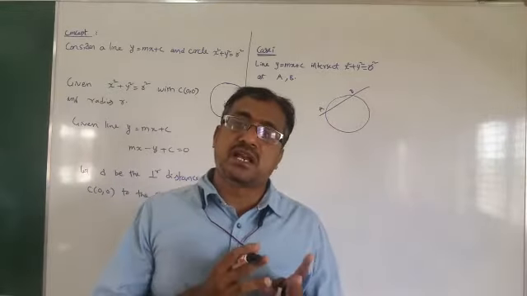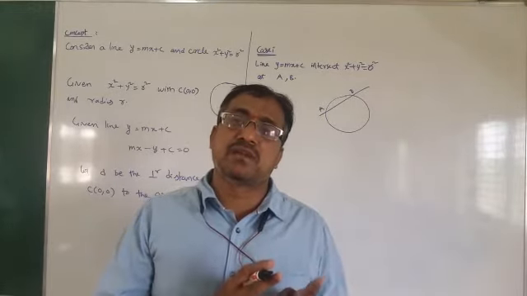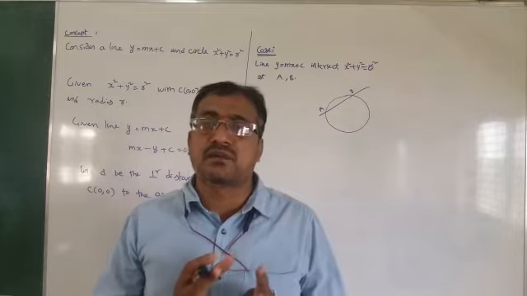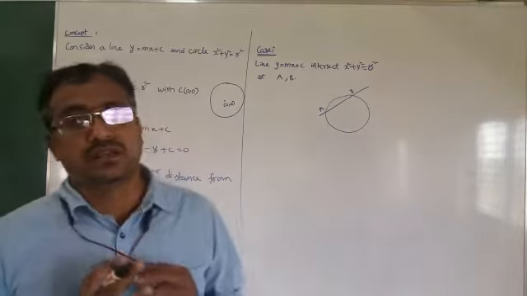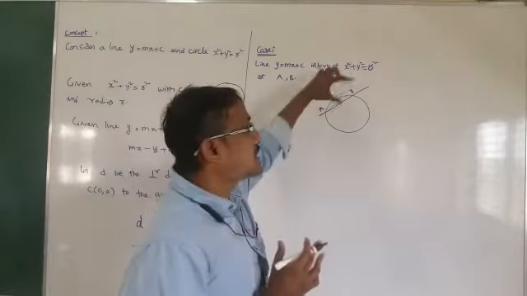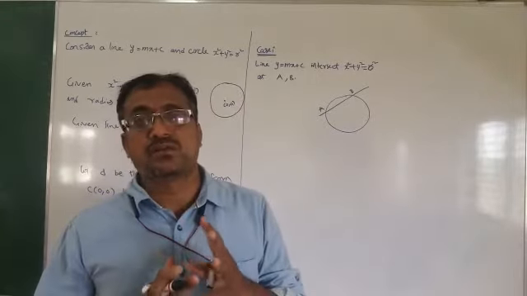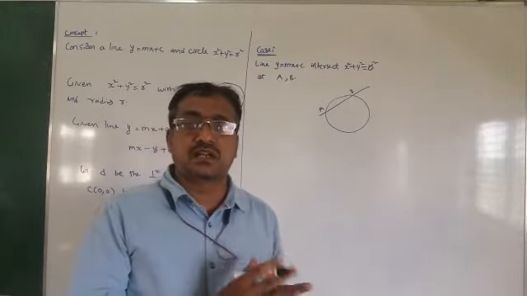Remember, whenever the line intersects the circle, it makes a chord of length AB. Now this line makes a chord of length AB. We are going to find the length of that chord also.